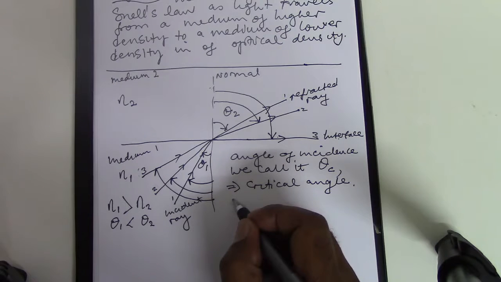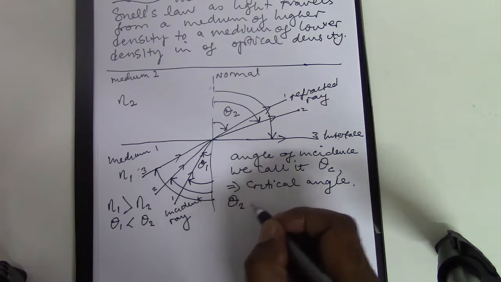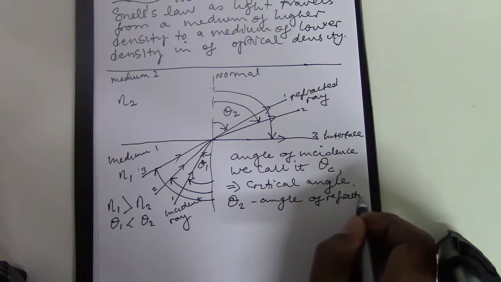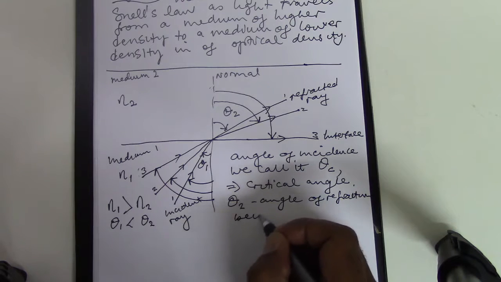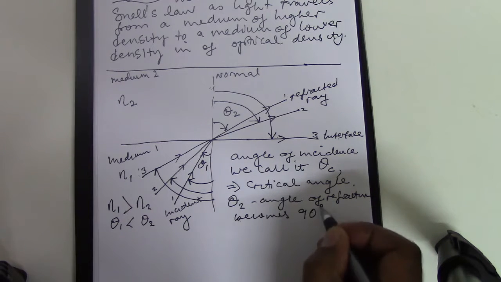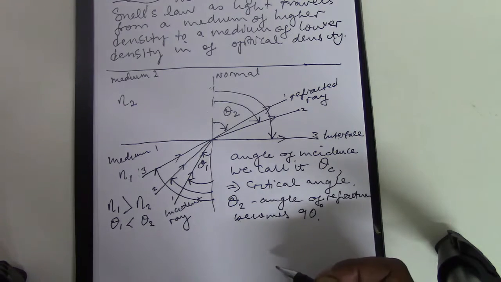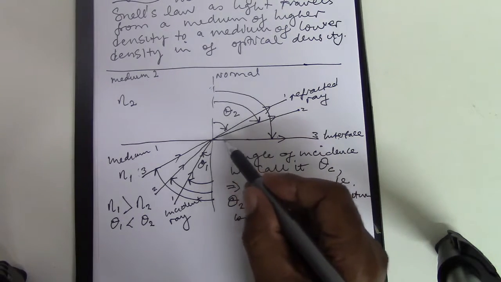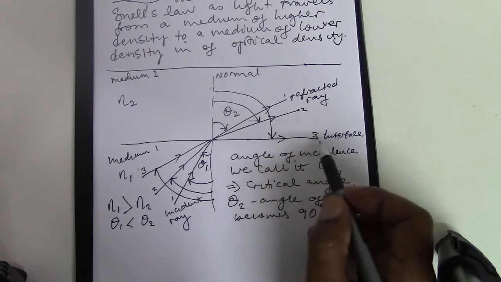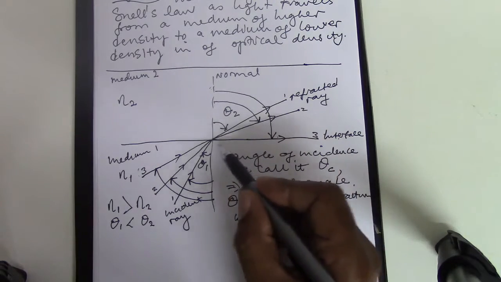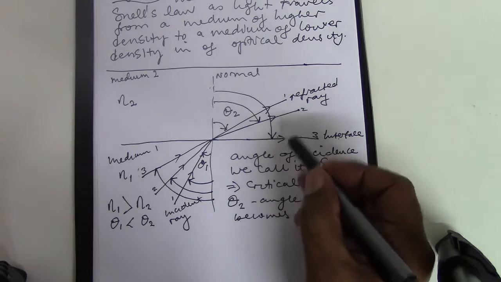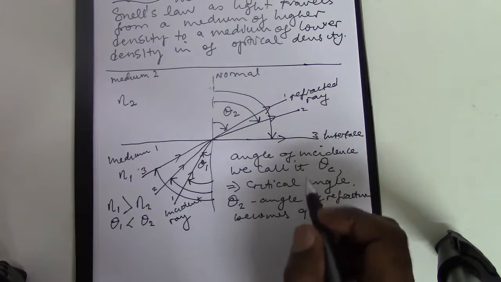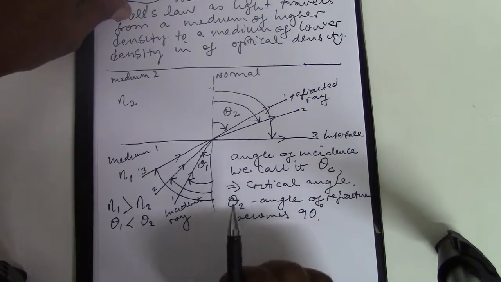Now the angle of refraction, theta 2, becomes 90 degrees. So at the critical angle, the angle of refraction is 90 degrees. The refracted ray lies along the interface between the two media. In other words, the refracted ray is grazing the interface.